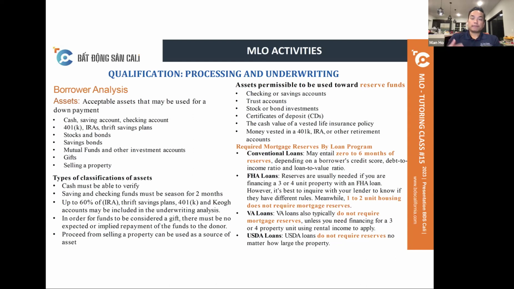Okay, so that step, when you click it, it's gonna check all the information that you input from the 1003, which is an application, and then it's going to give you an indication if this person is qualified or not. Okay, as well as if there's any additional information required, right?